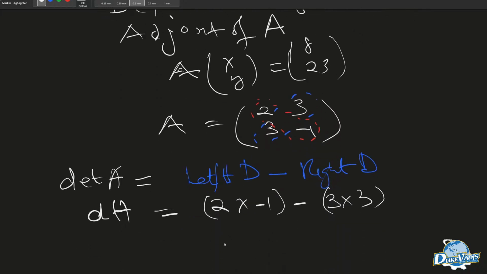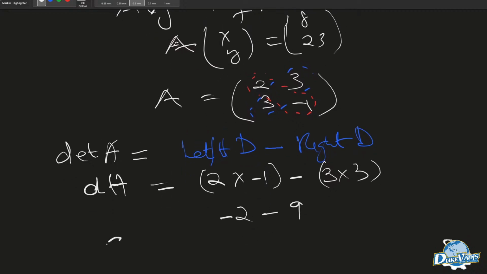So what do we get? -2 minus 9. The determinant of the matrix A is now equal to -11. So this is the determinant.